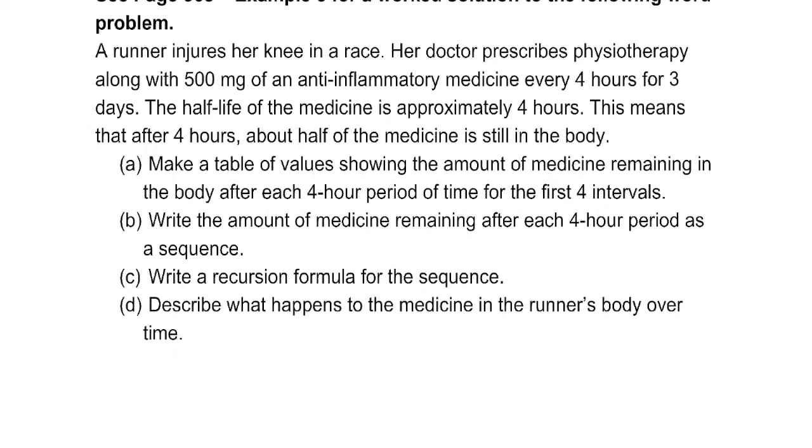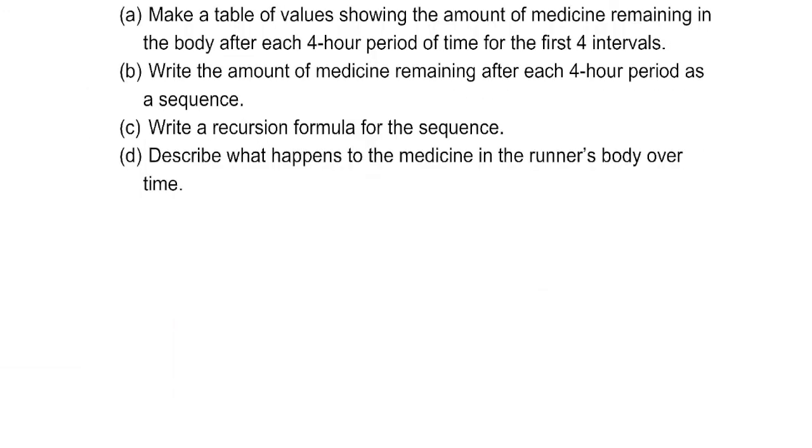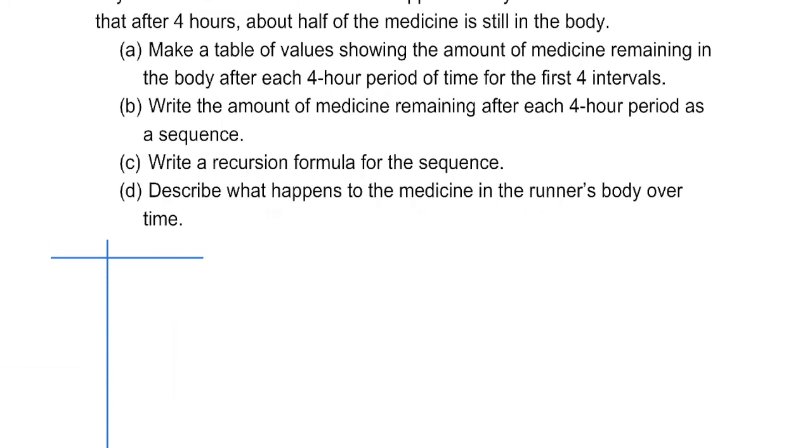So let's first come up with a table of values. Let me draw a table. Here we could say, let's look at t. So t is the number of 4-hour intervals that we have, and this is going to be the amount of medicine.